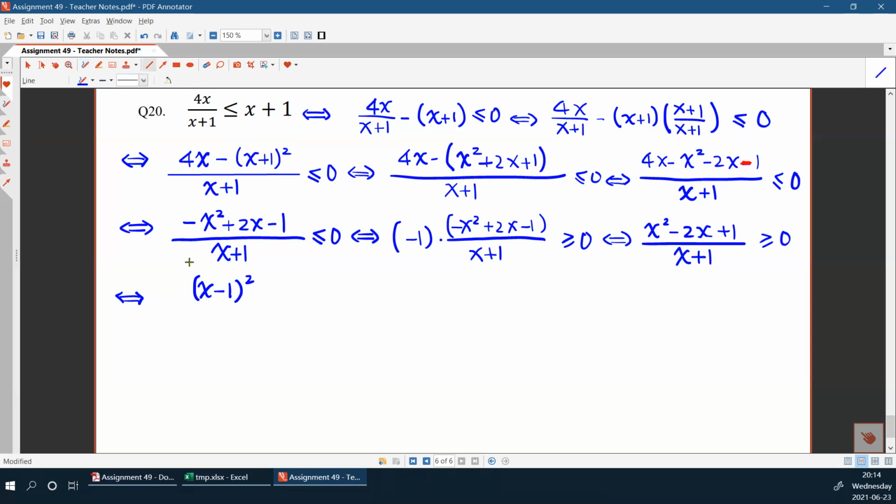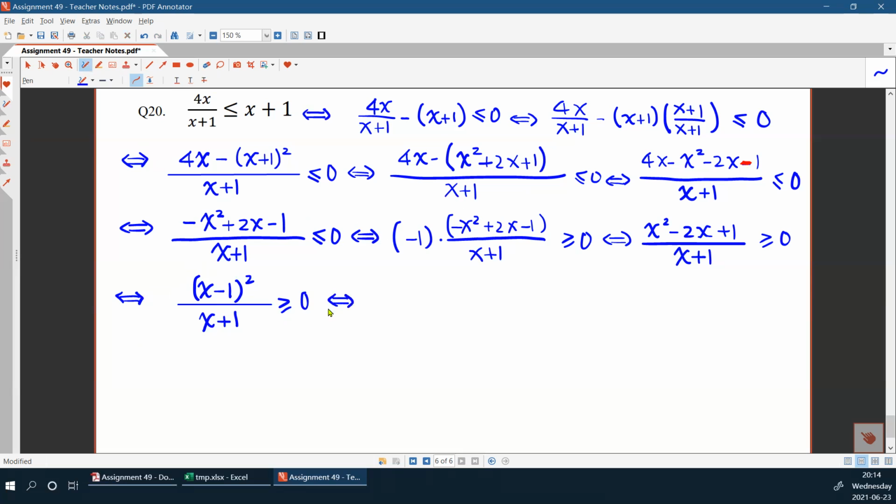You follow me? Dora, Emily. Okay, so the numerator is actually x minus 1 squared, right? And the denominator is x plus 1. And this ratio must be greater than or equal to 0, right?